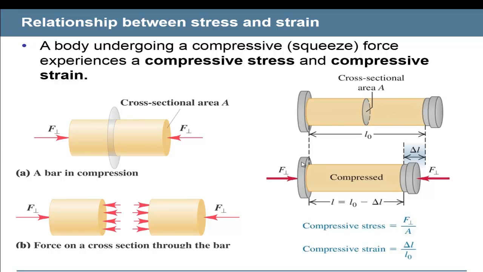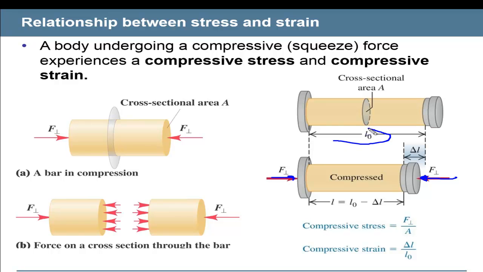So they're actually the same definition more or less for both of them. If I push on both ends of this, I push right here and push right here, then it's going to have the effect of making this rod shorter, right?